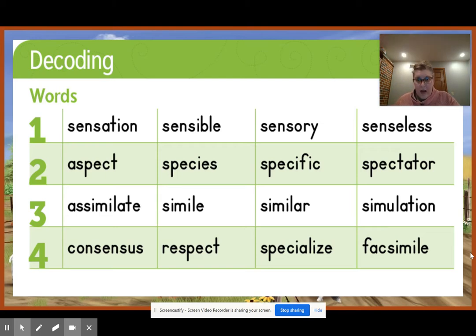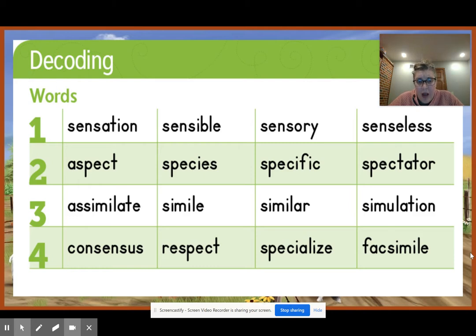All right, since it's been a few days, let's read through our lines of words. So I'm going to read through them with you, but you need to participate with me. So let's start with line 1. We have sensation, sensible, sensory, and senseless. Very good. Line 2, aspect, species, specific, and spectator.